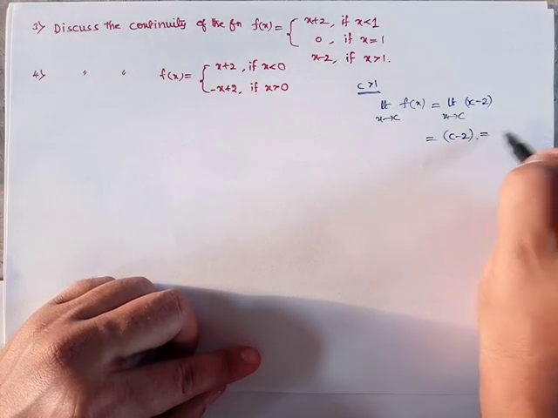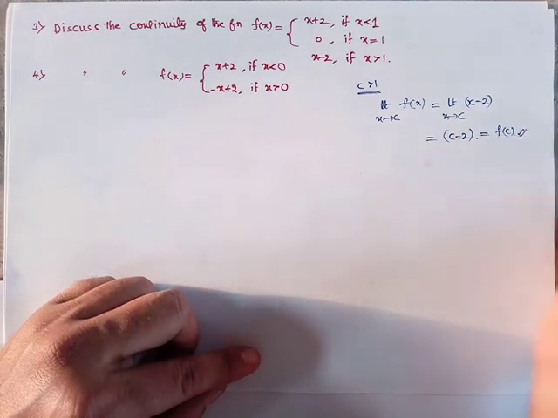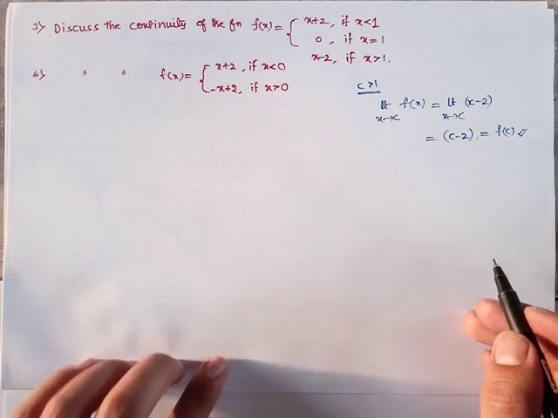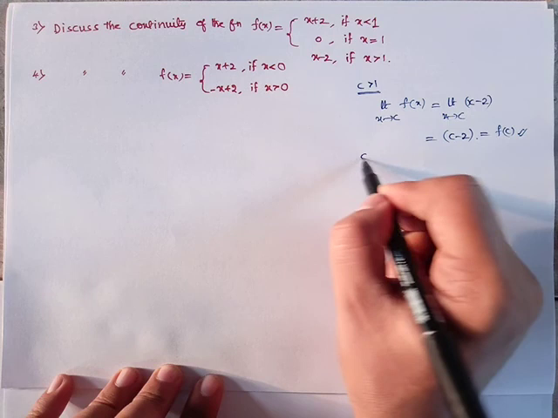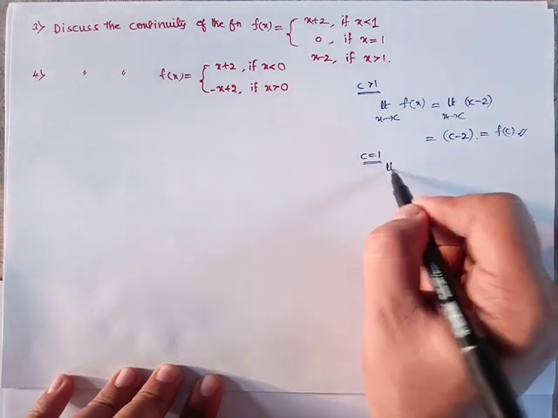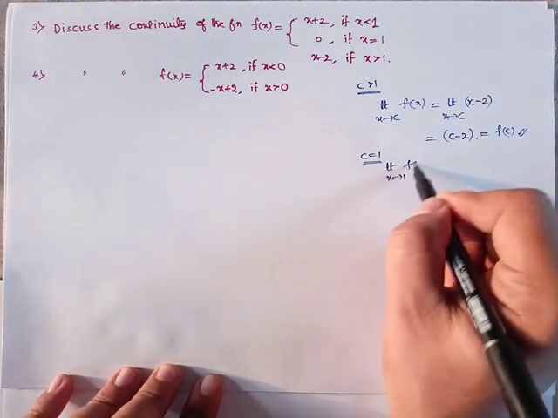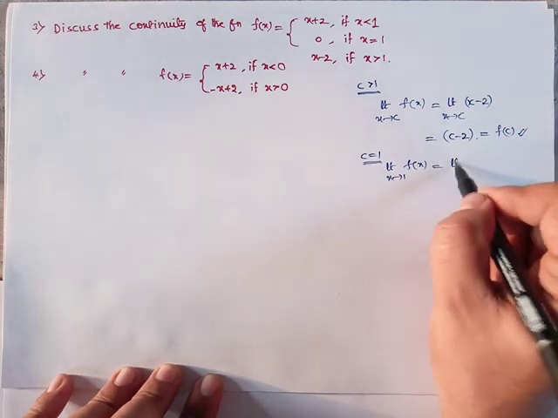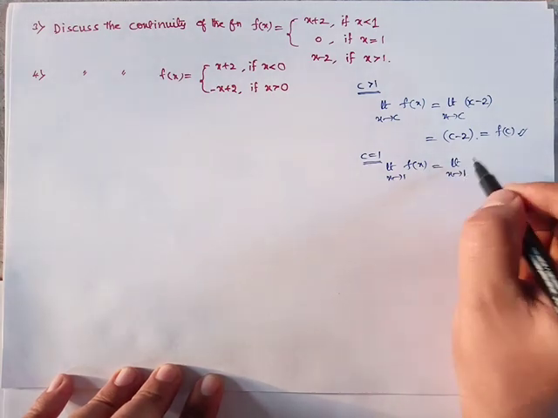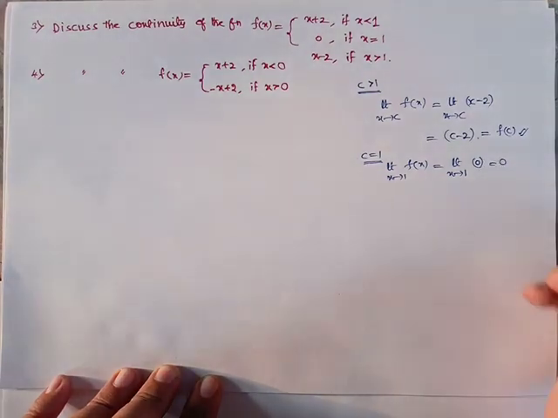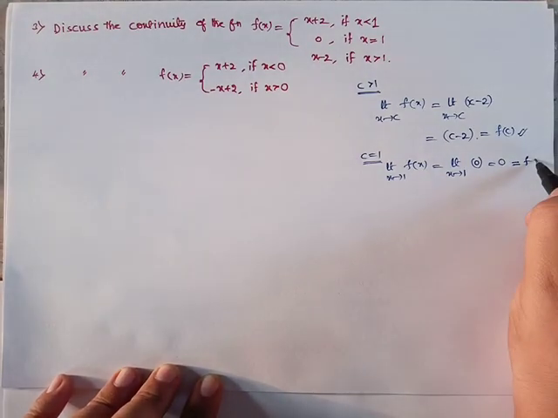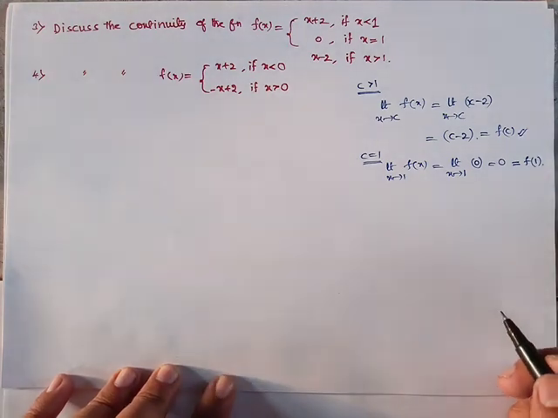C minus 2 again can be taken as f of c only. Yes. Now limit x tends to c f of x is equal to f of c, and for c equal to 1, limit x tends to 1 f of x should be taken as 0 here, so its value will be 0, and again it can be considered as f of 1 only.